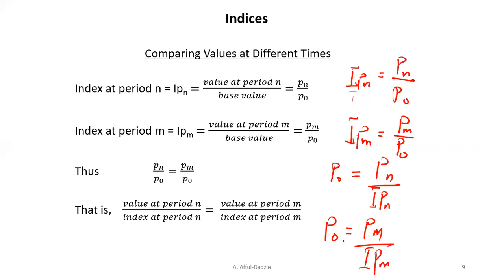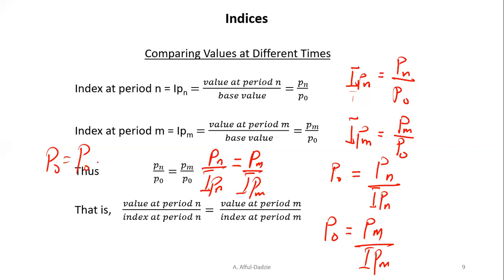So what this is trying to say is that this is equal to this. So under normal circumstances, I can comfortably say that PN over IPN is equal to PM over IPM, because P naught is the same as P naught.